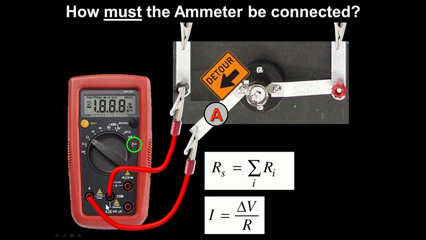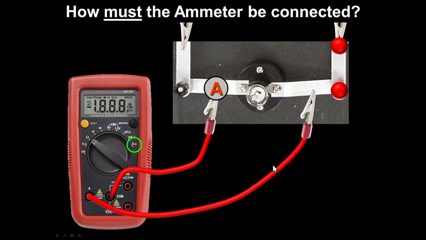So if this had resistance, you're going to increase the total resistance, and increasing the total resistance would lower the amount of current. So the mere act of trying to figure out what the current was would change what it was. So we really have to have a negligible amount of resistance right there.